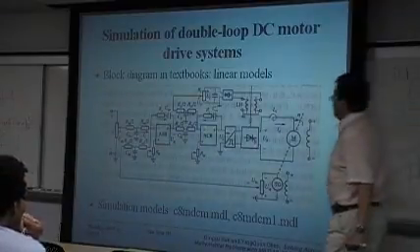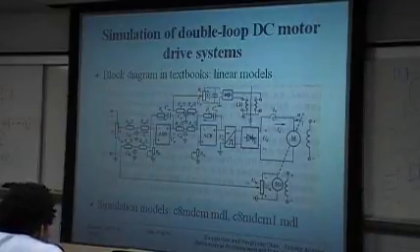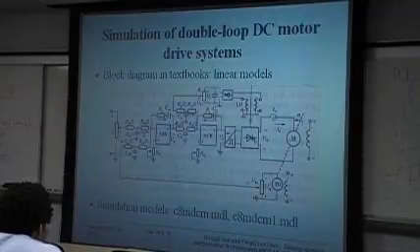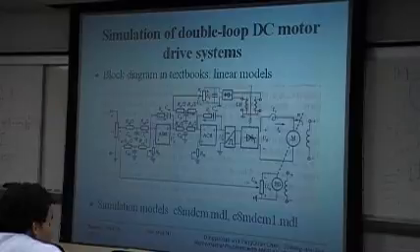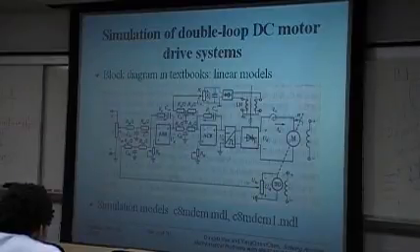And I have demonstrated that for this kind of system, the result may be misleading if we use linear parts to represent the original system. So how can we model the original system with proper blocks defined in Simulink?